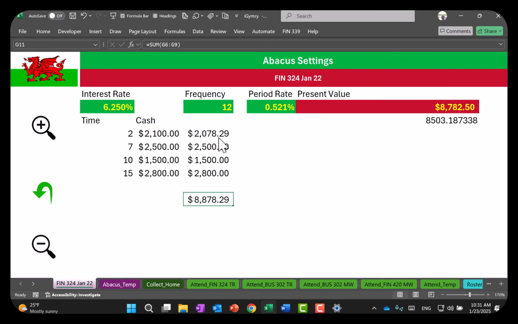Why are these guys not the same? Oh, who's going to tell me why do you think they're not the same? Look at the formula that I use here. I wanted to segue into that kind of discussion anyway.